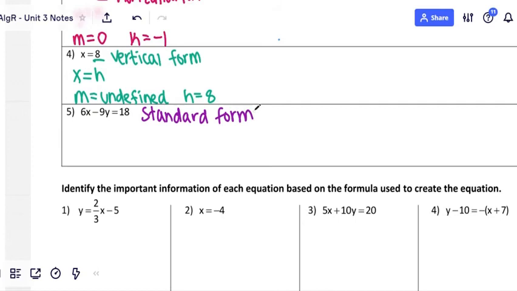So standard form is Ax plus By equals C. A is our number that's being multiplied to x, which would be 6. B is our number that's being multiplied to y, which is negative 9. And C is our constant on the right side of the equation, which is 18.